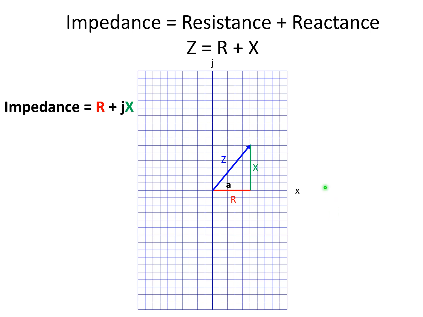So the impedance is R plus jX, is the way that's described.